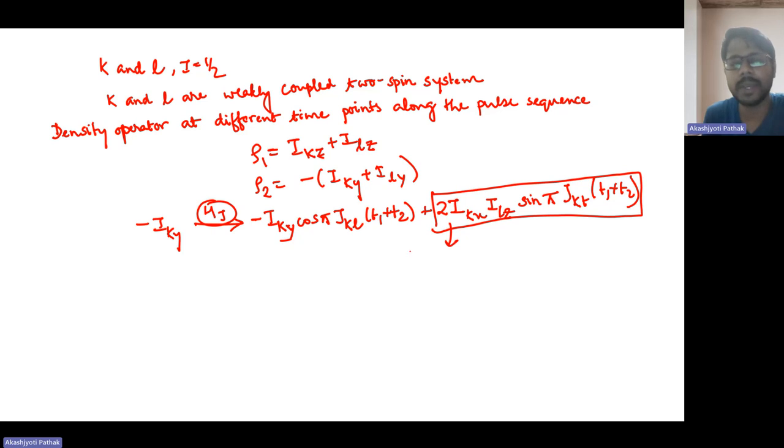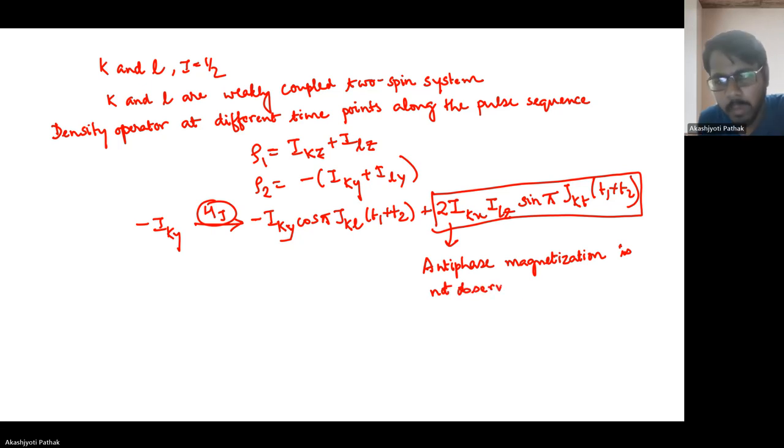It represents antiphase magnetization, which is not observable during the T2 period. So during the T2 period, you do not observe the antiphase magnetization.